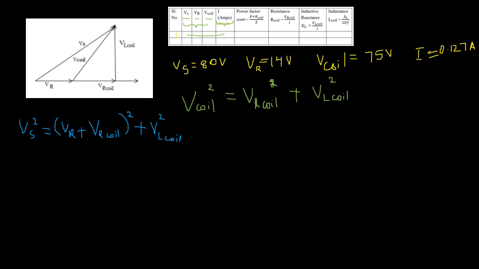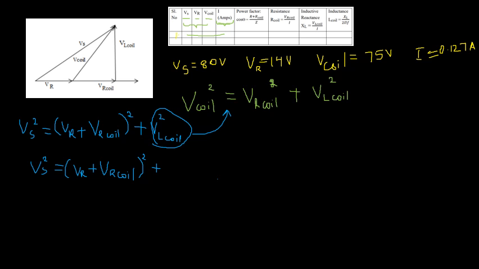So from this we can simplify the expression and calculate VR coil. From the first expression, Vs square is equal to, in the same way, VR plus VR coil square plus VL coil square.